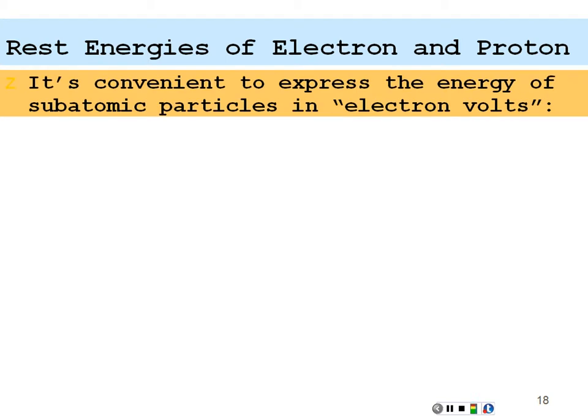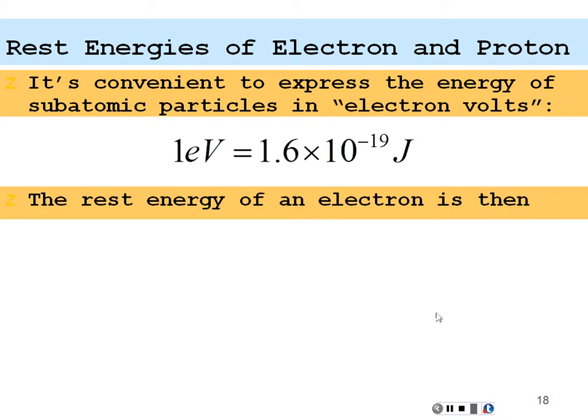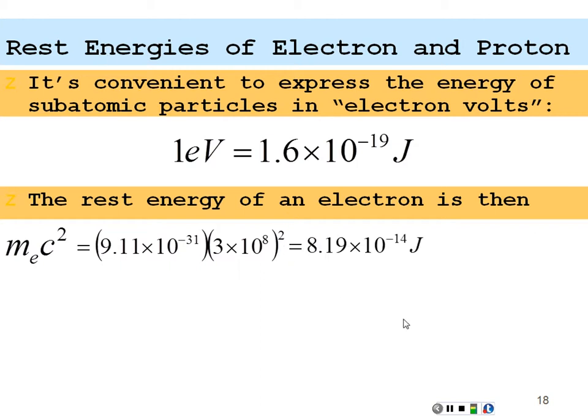It's convenient to express the energy of subatomic particles in units of electron volts. You may recall 1 electron volt is 1.6 times 10 to the minus 19 joules. So the rest energy of an electron is the mass of an electron times the speed of light squared: 9.11 times 10 to the minus 31 kilograms, 3 times 10 to the 8 meters per second, squared, is 8.19 times 10 to the minus 14 joules.